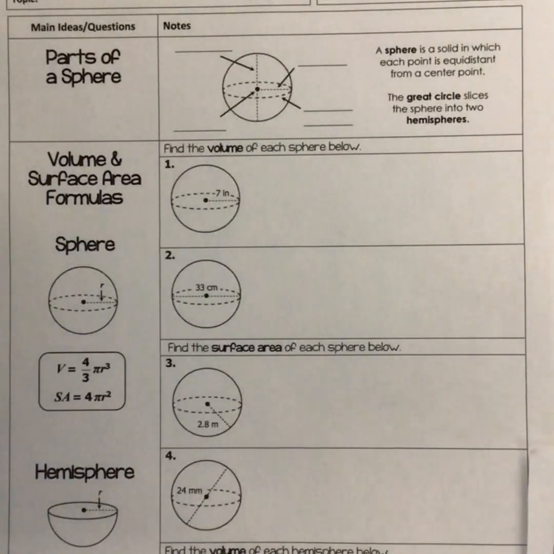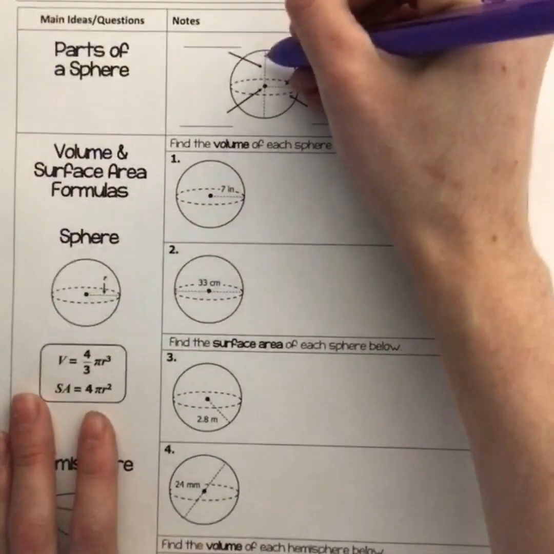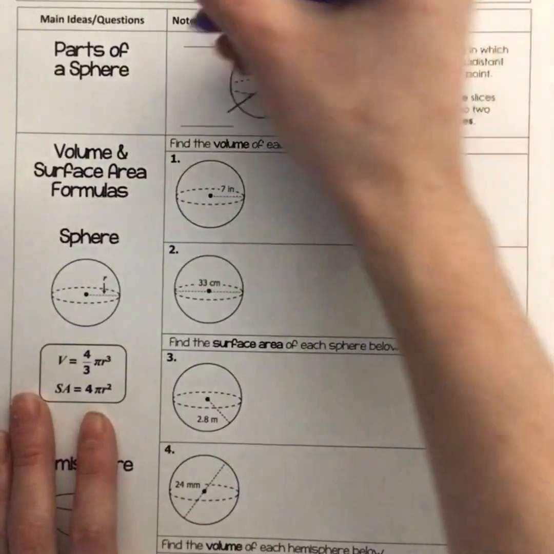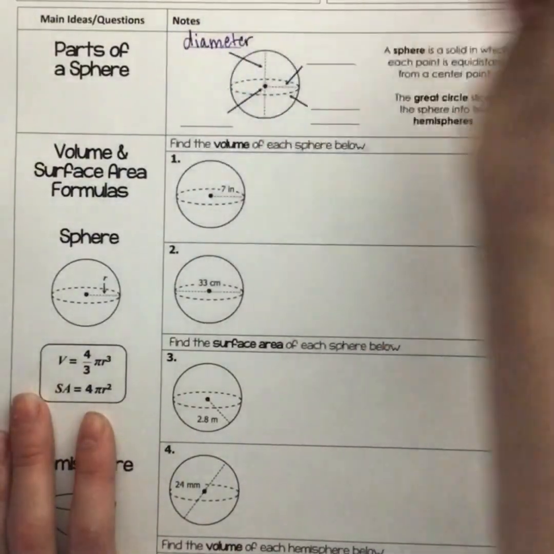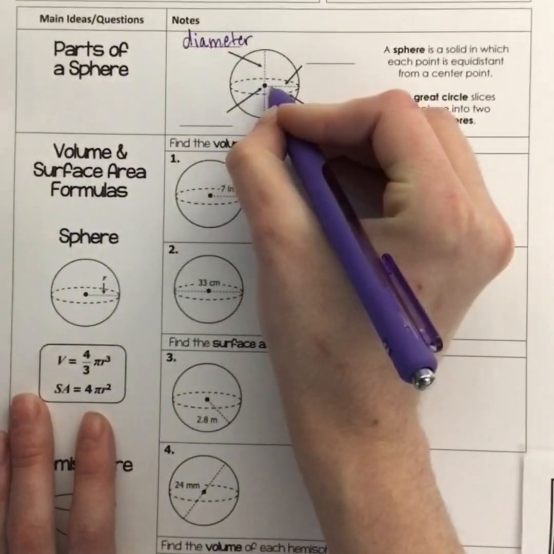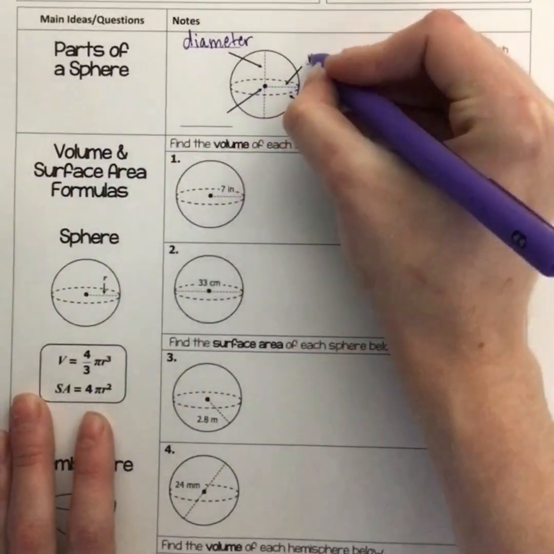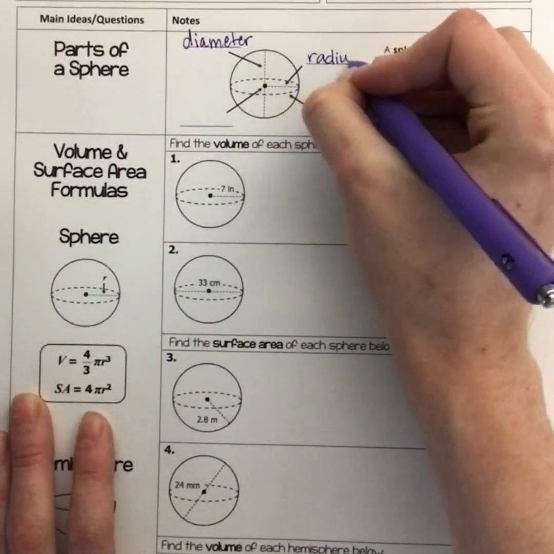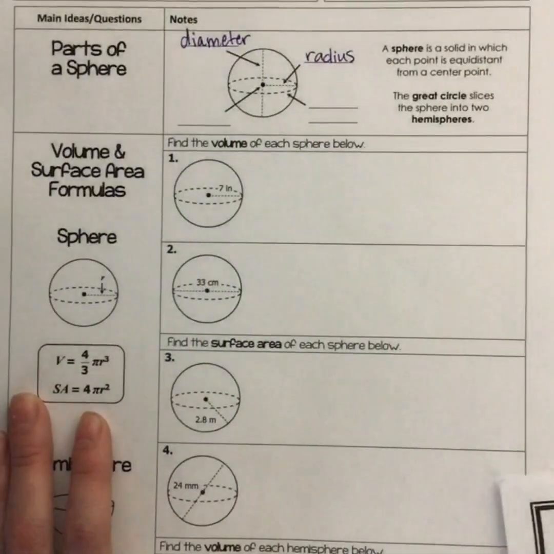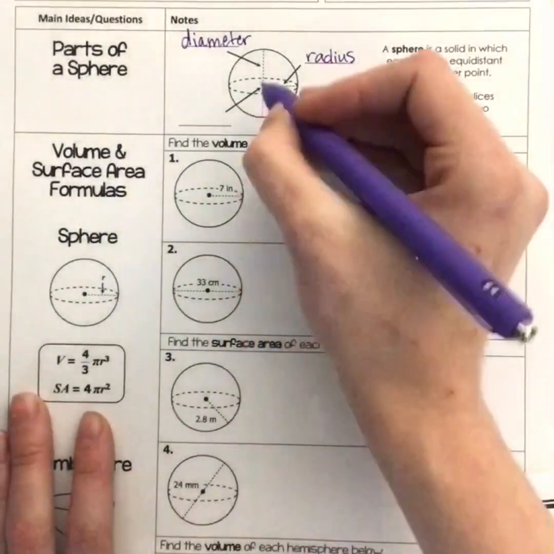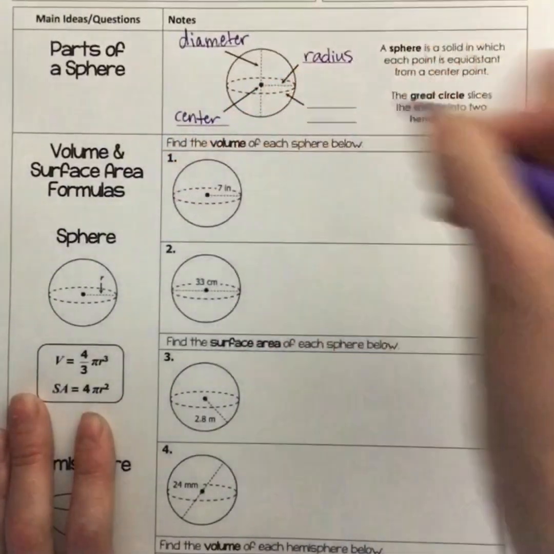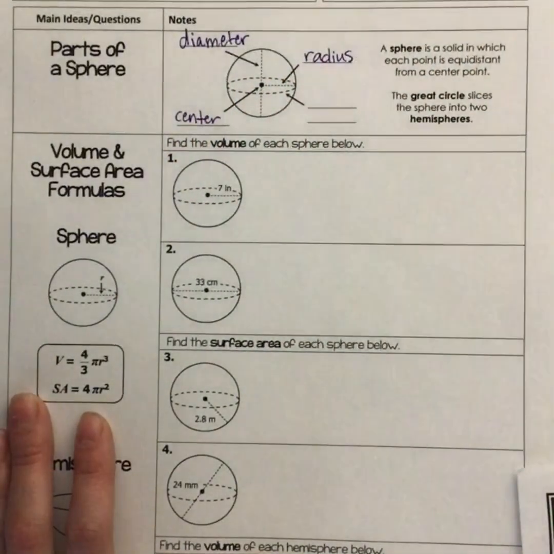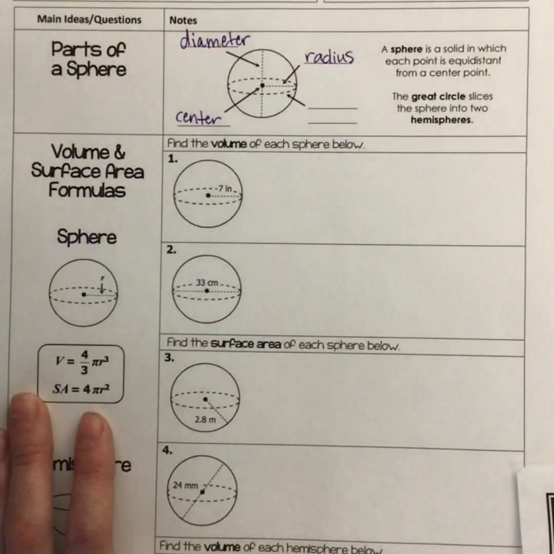Now, the different parts of this circle, we're still going to have our diameter, this full line that comes through here. And we also still can take that diameter divided by 2 to get a radius. And again, that center point is always going to be the center point, whether we're talking about a circle or a sphere, there's still a center point.